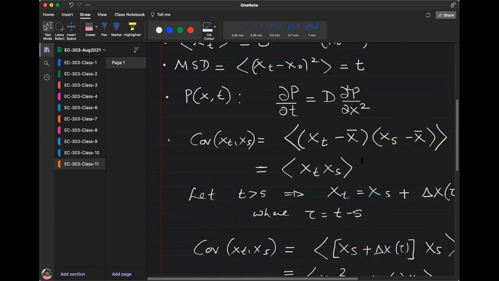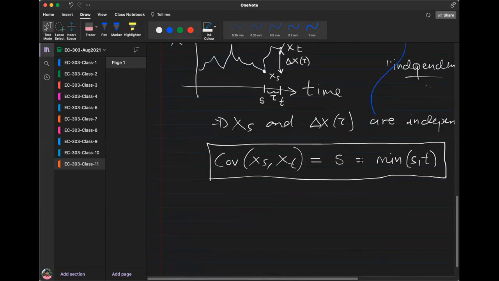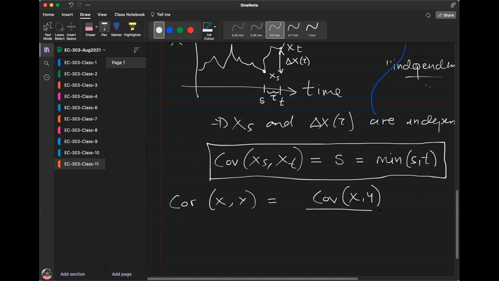So there's one more thing I have to now say, which is very important. I have defined something called covariance. But what's correlation? Are correlation and covariance the same? They're not the same. Correlation is the covariance between 2 random variables x and y divided by sigma x times sigma y.